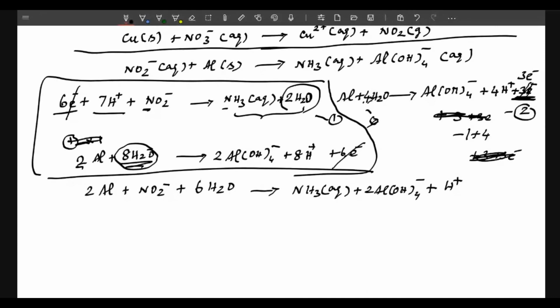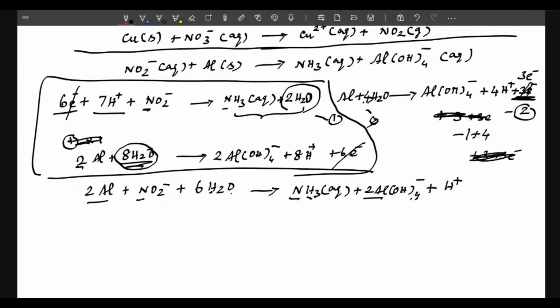Check whether we have balanced correctly. Look out, check this: 2 aluminum, 2 aluminum, 1 nitrogen, 1 nitrogen. How many oxygen? 8 oxygen. 2 into 4, 8 oxygen. 12 hydrogen: 3 hydrogen is already there, and 1 H plus, and 8, 11, and 12.